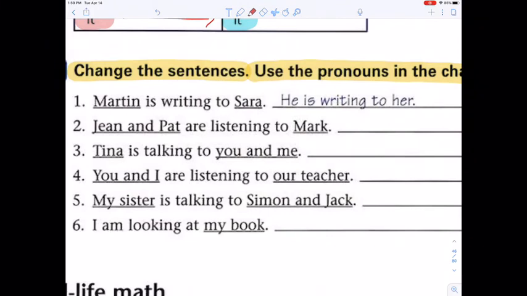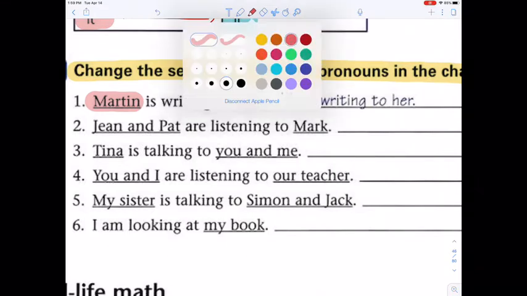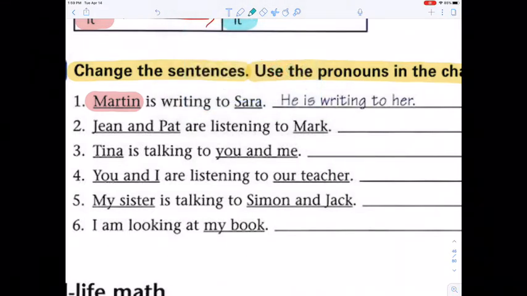Who is the subject in number 1? Martin is the subject. He is writing. He's the person doing it. Okay, then who is the object? Who is receiving the writing? Who is he writing to?